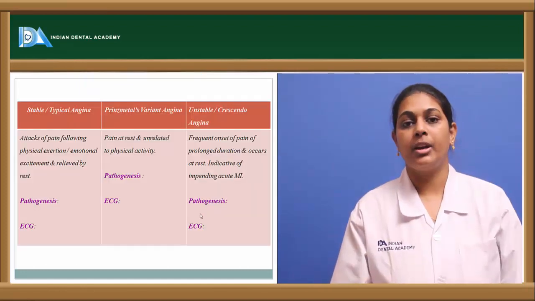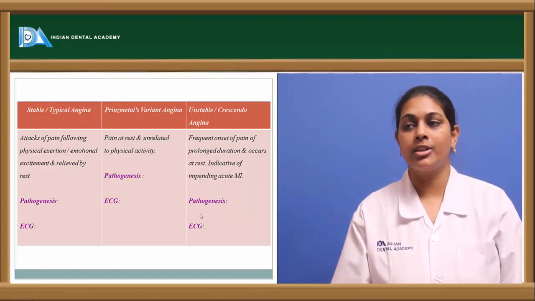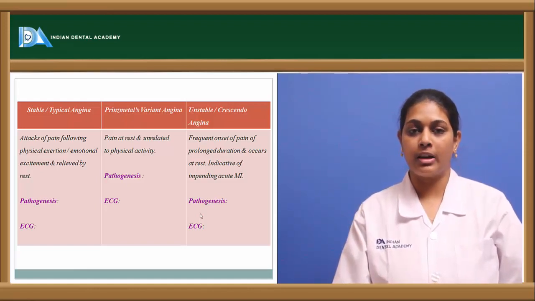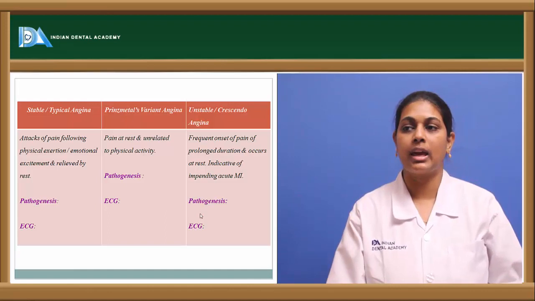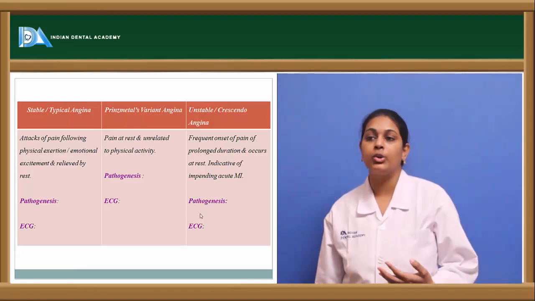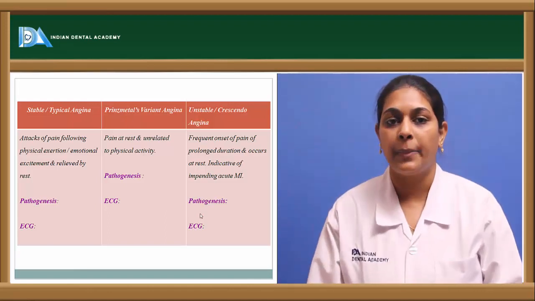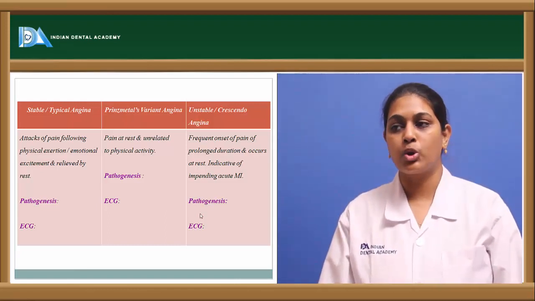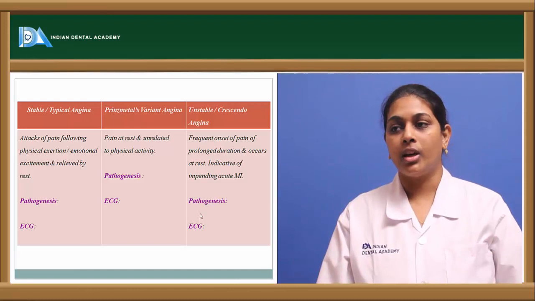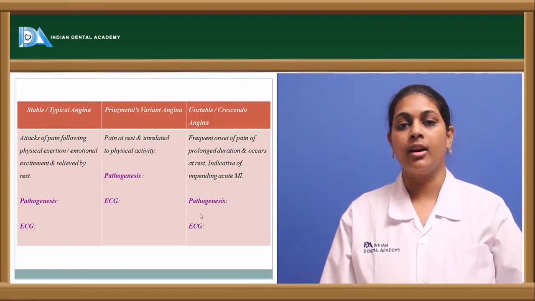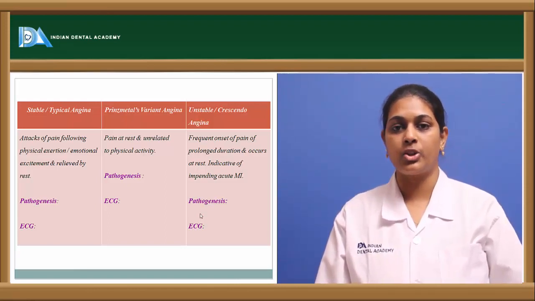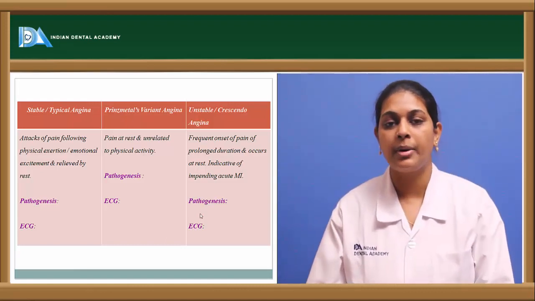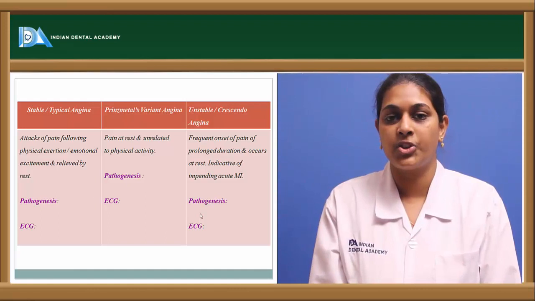So coming to stable or typical angina, in such kind of clinical pattern of angina pectoris, we see that the attacks of pain usually follow when a patient is physically stressed out, such as in physical exertion or emotional excitement. This type of attack occurs, and it is relieved by rest. When the patient rests, the patient gets relieved from it. It most commonly occurs because of stress.